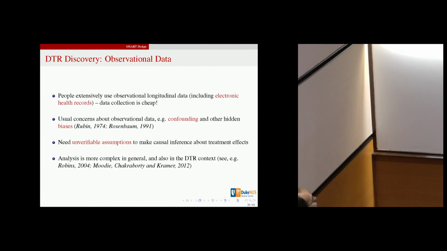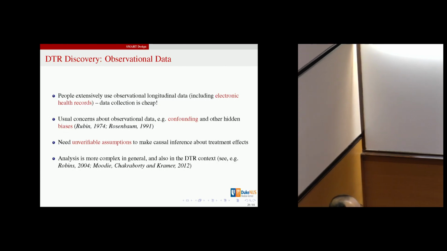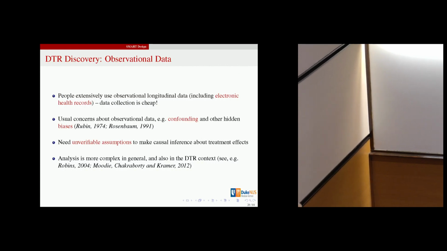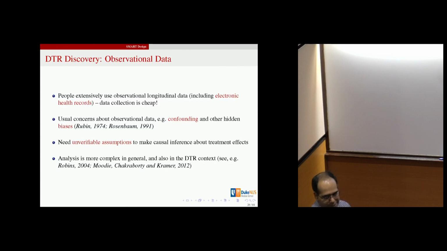This observational data includes electronic health records, which are a huge resource these days. But the one problem, well documented in the literature, with observational data is confounding and other hidden biases. Basically, you do not know all the reasons why they got certain treatments.